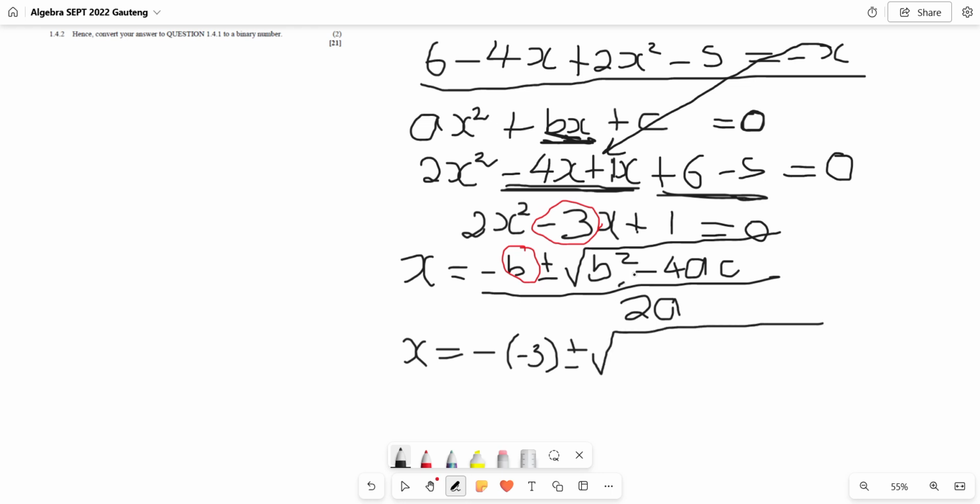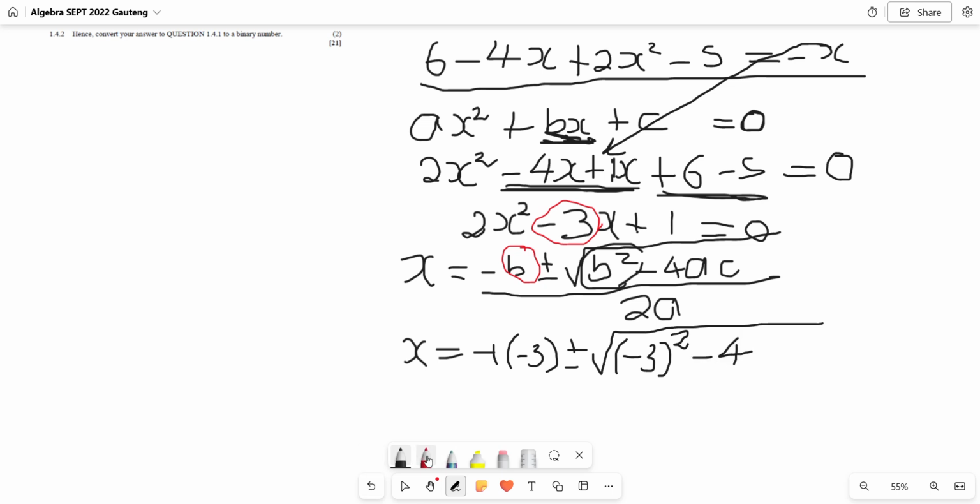The b that we have written outside, rewrite that same value inside the square root: open bracket, negative 3, close bracket, all squared, minus 4.